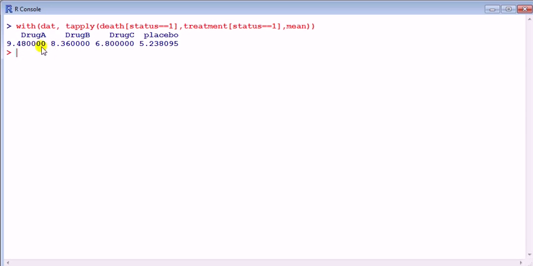So looking at this, if you just glance at it, it seems like the mean survival times, if you take any of the drugs A, B, C, is higher than the placebo, with the biggest difference between drug A and the placebo group. So if we're doing a one-way analysis, our question would be, is the mean survival time the same or not across the levels of that drug?